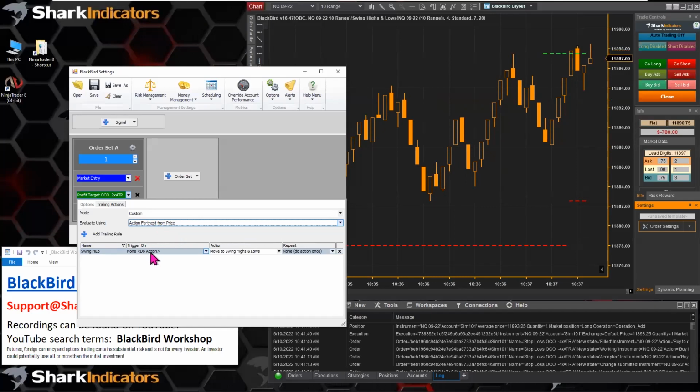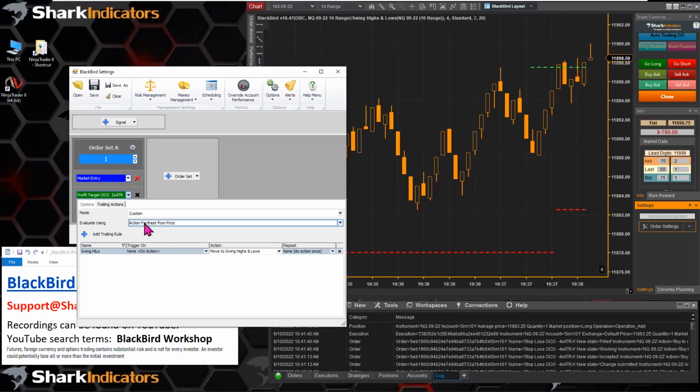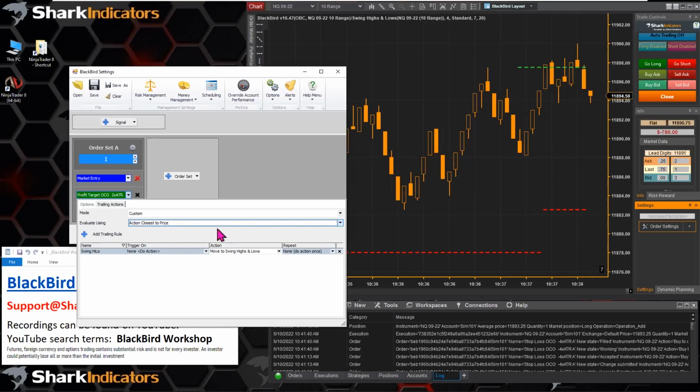So now the profit target would be pushed out to whichever price point was further away from where the market's at. Right? So that way you'd have a larger profit target. But Dean actually wanted the profit target to be closest to where the market's at. So we'll leave the evaluate to closest to price there.